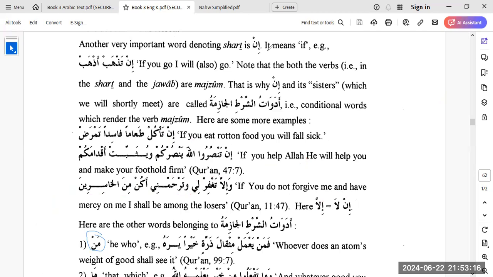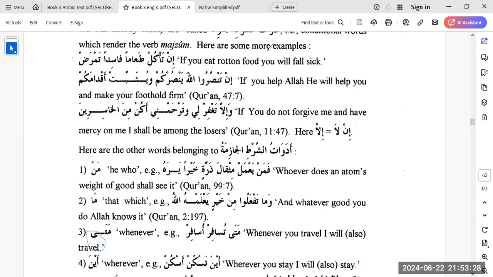But here, if man is followed by a majzoom verb, then this man is adatu shart. It is a noun of condition. It is an instrument of condition, we would say, to make it simple. So then it means who already, right?